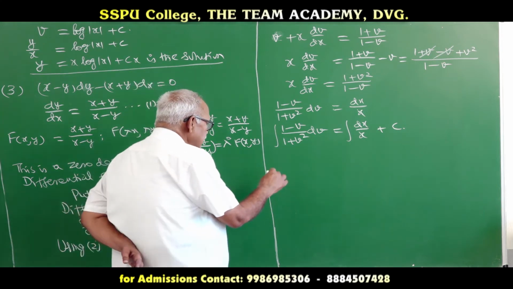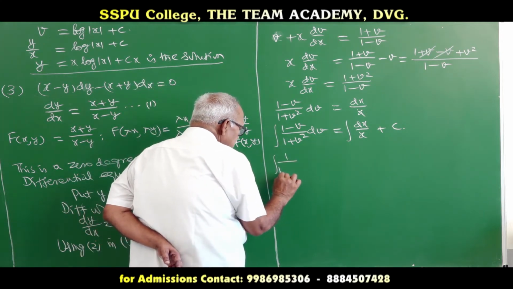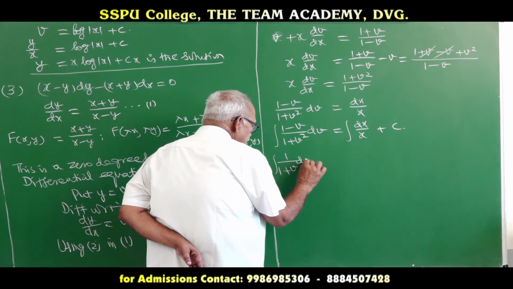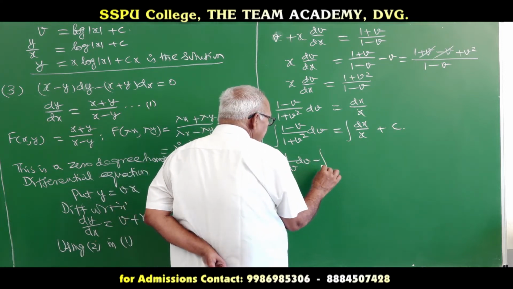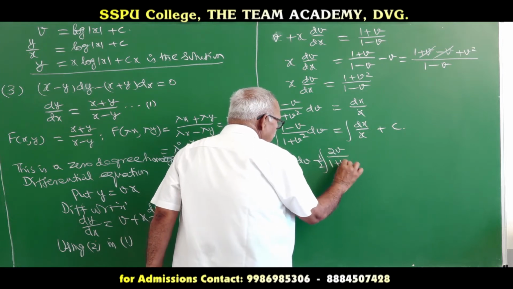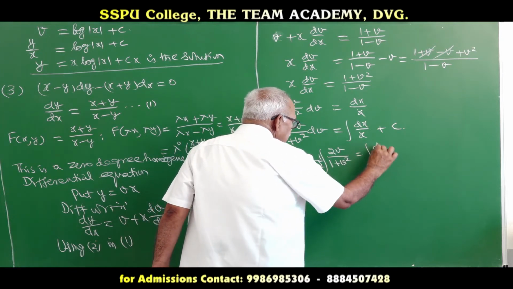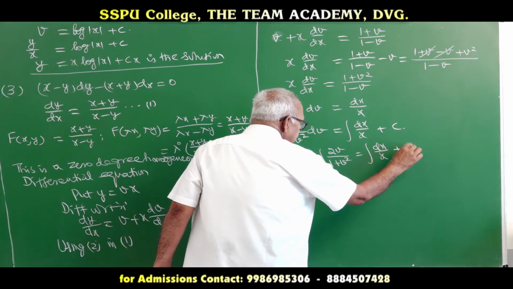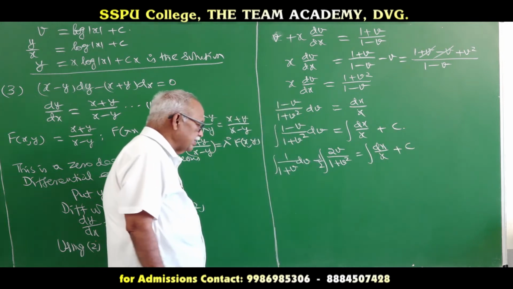How to integrate this? You see how I am doing this? Integral 1 by 1 plus v square dv minus 1 by 2 into 2v by 1 plus v square is equal to integral dx by x plus c.